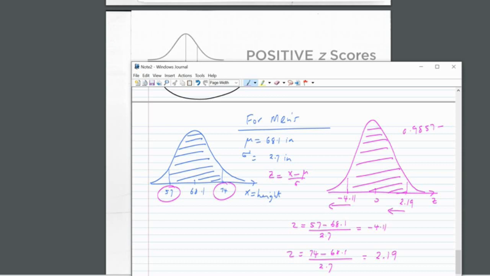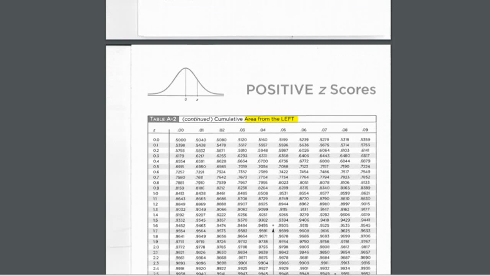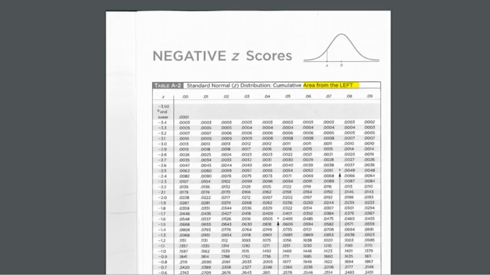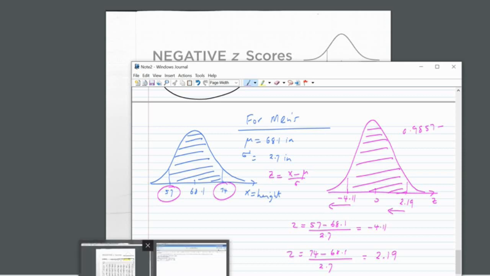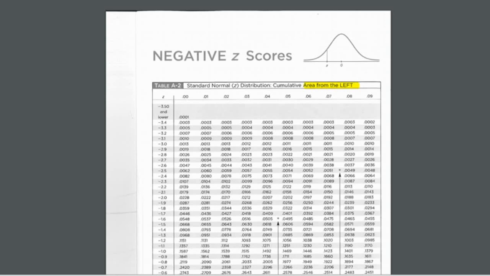Then we need to find the area to the left of negative 4.11. The table starts from negative 3.4; it says negative 3.50 and lower. Since negative 4.11 is less than negative 3.50, we have to assume that area is 0.0001.